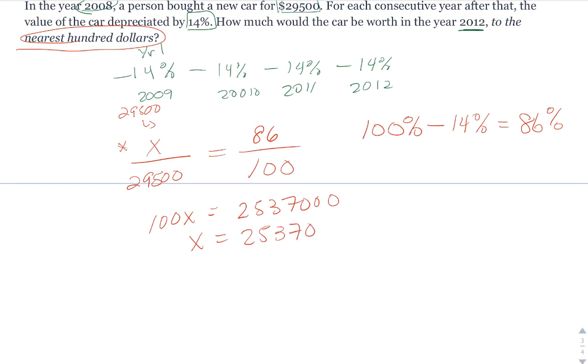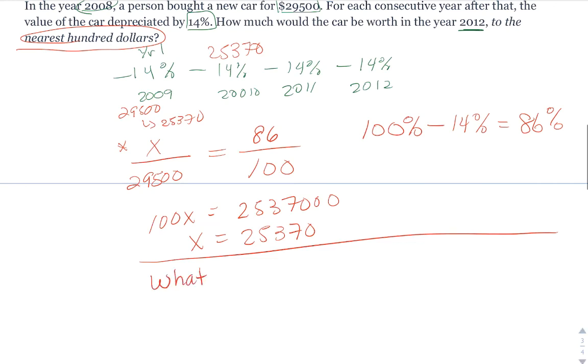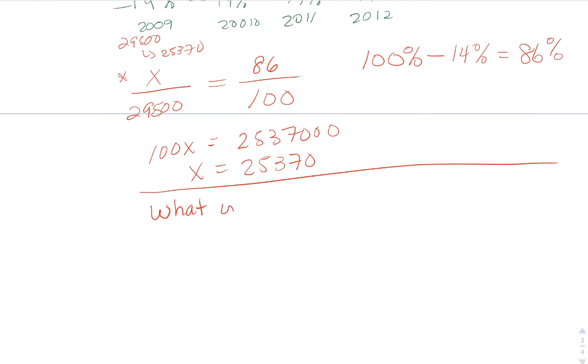Okay, so now I know that at the beginning of year two, the car's value is this. And when I deduct 14%, I can do this a little bit easier than doing a proportion every time, because what I'm really doing every year is trying to figure out what is 86% of blank. And this is always the previous year.